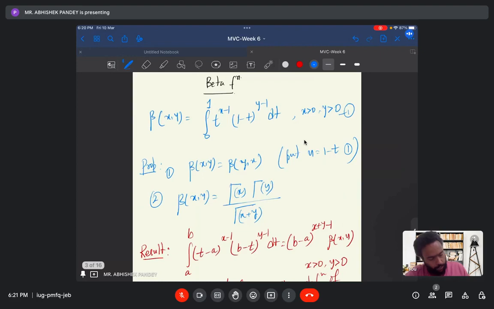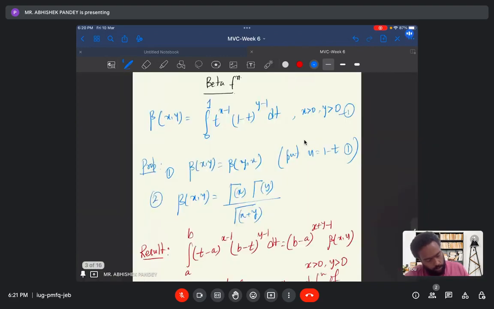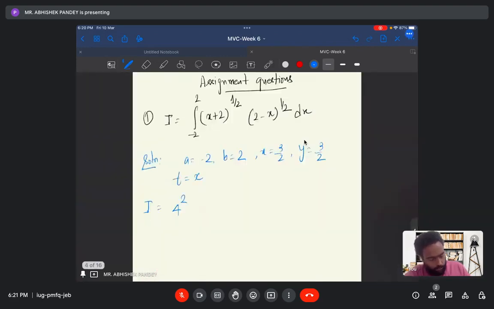So this will be b minus a to the power x plus y minus 1. b minus a will be 4, and x plus y minus 1 is 3 by 2 plus 3 by 2 minus 1, which is 2. So this is 4 square into beta of x comma y, with x as 3 by 2 and y as 3 by 2. So this is 16 times beta of 3 by 2 comma 3 by 2.